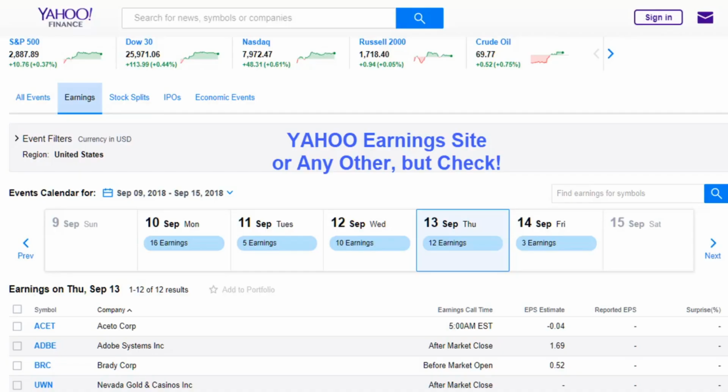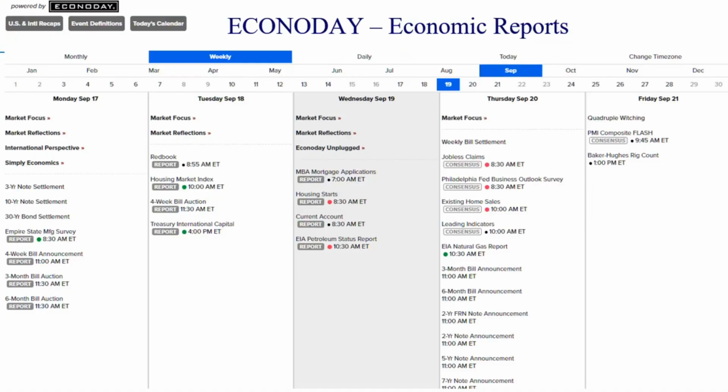It's nice when it happens in the other direction, but that is not professional, to be owning a particular stock and not being aware of when it's going to report earnings.